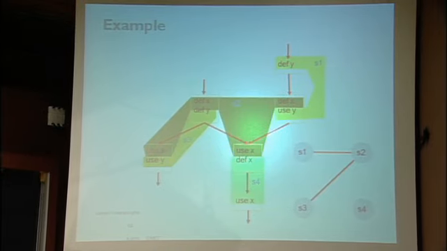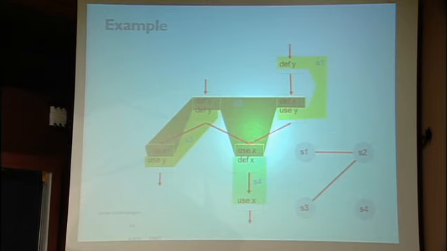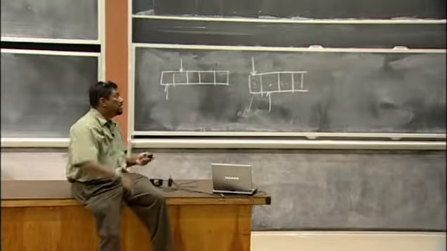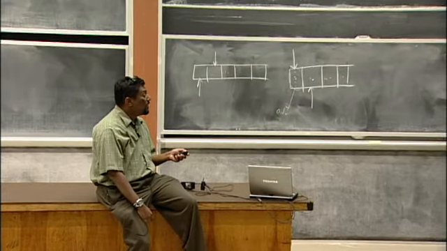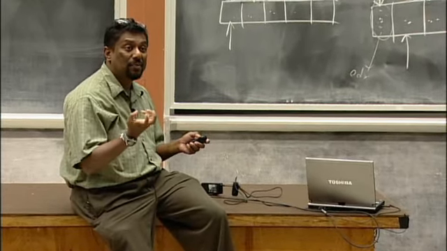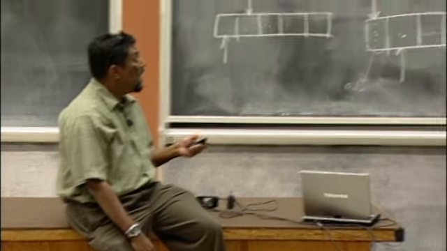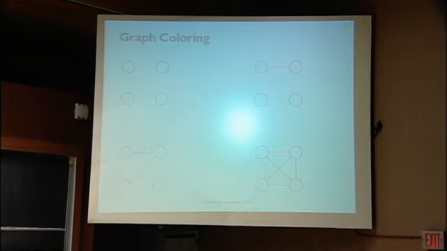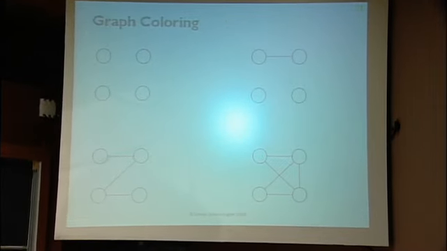And now what you can do is, you have a graph, you have edges, and there's this very famous problem called the graph coloring problem. Have you heard of the graph coloring problem? Okay, good. So now we can figure out how many colors are needed to color this graph, and the number of colors is the number of registers you need. If you have a graph like this with no edges, you can color it with one color.